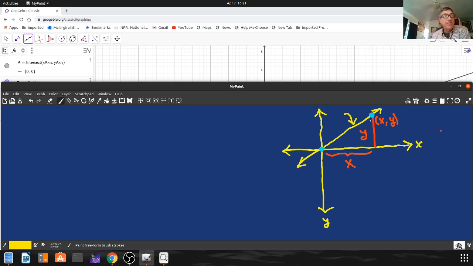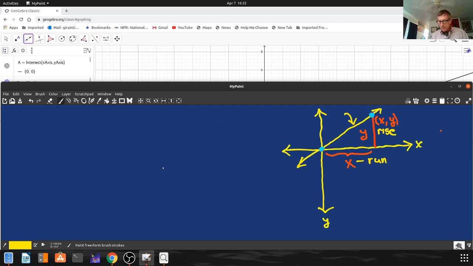I'm just defining a property given 2 points. So this vertical distance right here, we're going to call the rise, and this distance down here, which is x, is going to be called the run.